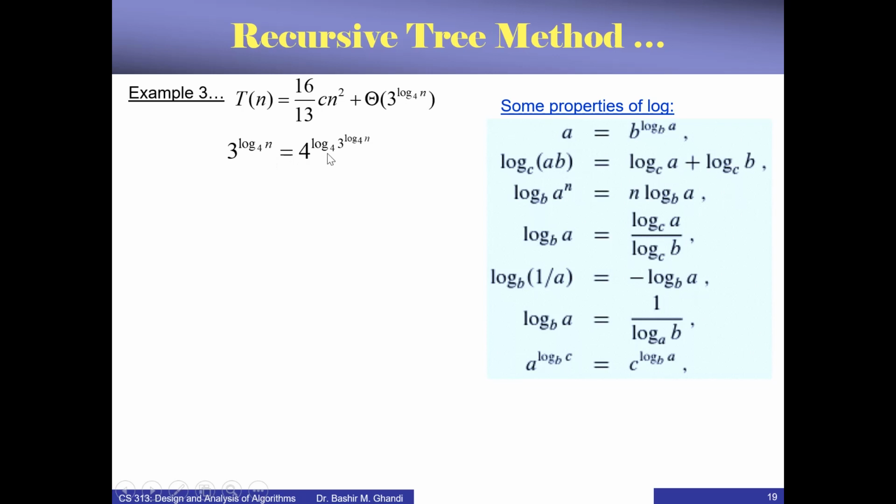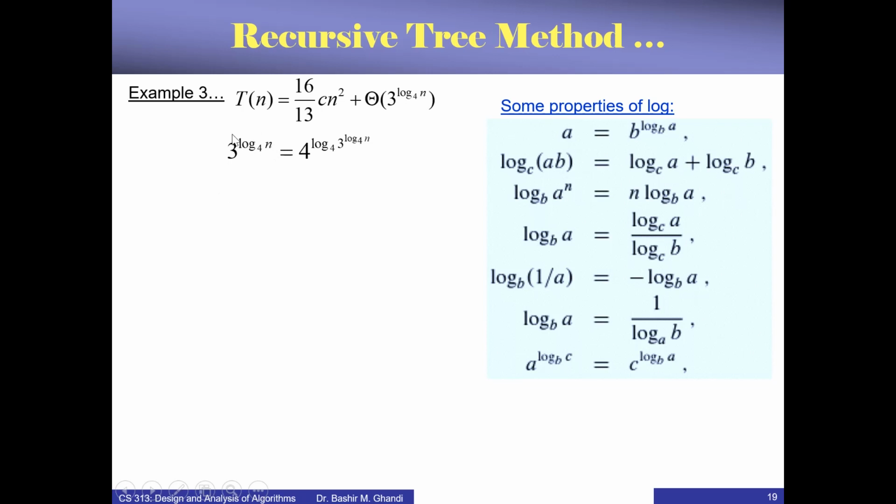If we take log to base 4 and then raise to power 4, they cancel out, and we still end up with the same term we started with, 3 to power log of n to base 4. I hope this is clear. The idea is we want n to be the main thing in this expression. We don't want 3 to power log of n. Can we represent it as n to power something? This is our target, and that's what we are trying to do here.